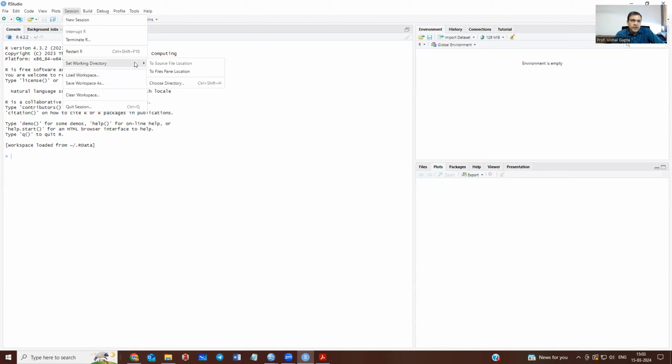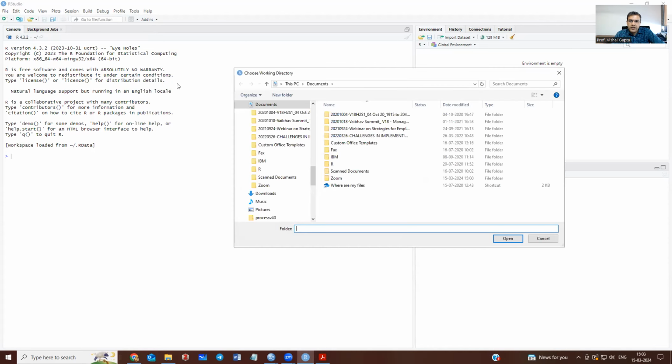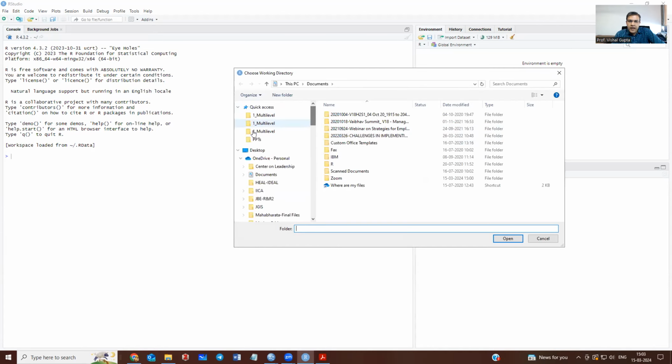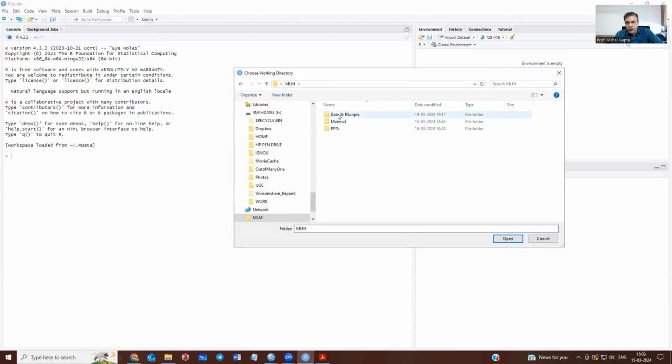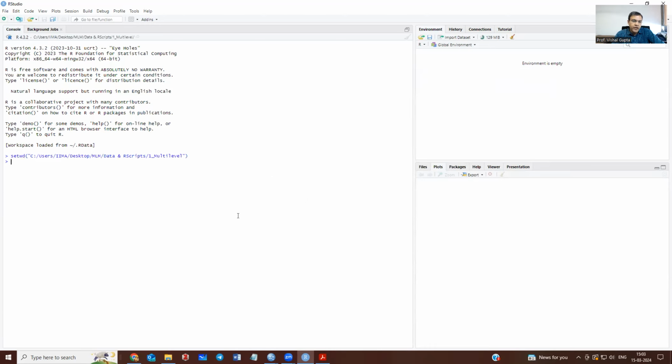Okay, so I go to that same tab, session, set working directory, and choose directory. I have the folder on my desktop, so I go to that folder, multi-level, and I open it. So wherever you have set it, please set the working directory, and then we will load.